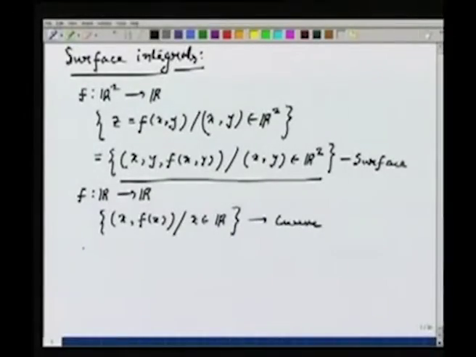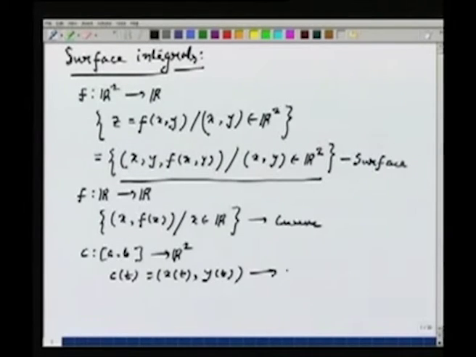Well, another definition of curve we have given as some map C from a closed interval [a, b] to R2. Okay. So C(t) written as (x(t), y(t)), this was a curve. So we can have an analogous definition to this for surfaces also.